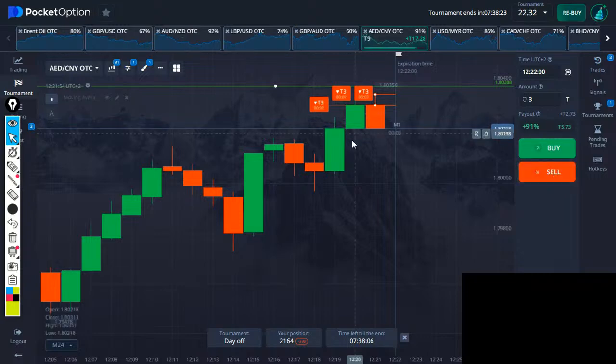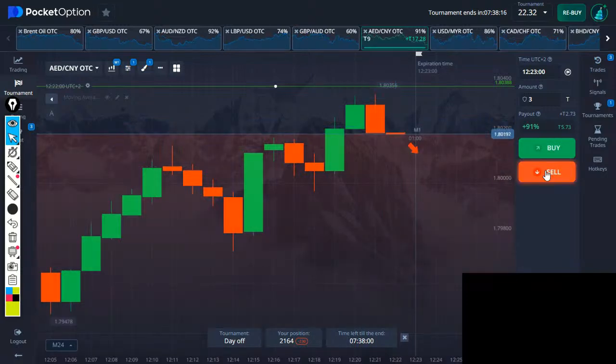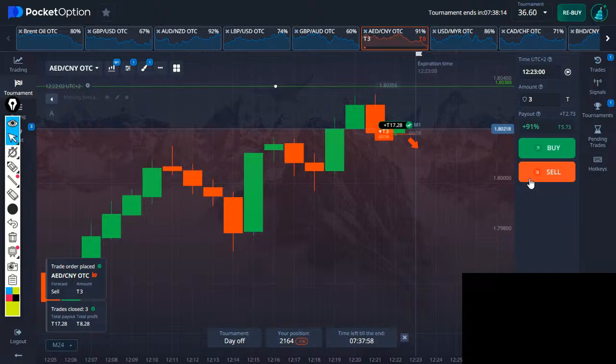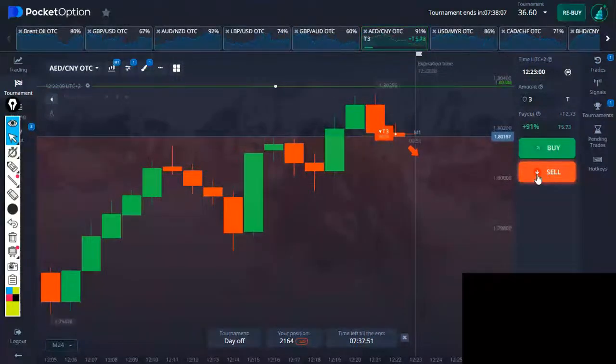So we took these rejection trades out of this powerful supply zone. Let's see the opening of the next candle. That's nice. I'll take it. I'll take two, three more. I'll go a bit aggressive if it goes back up.